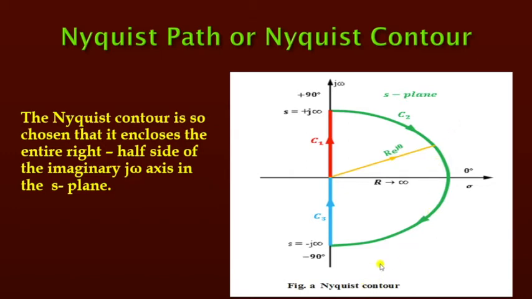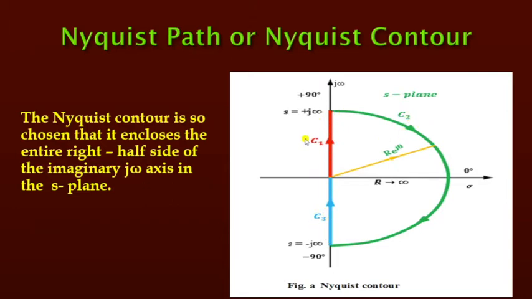This is shown in figure A. The Nyquist contour is so chosen that it encloses the entire right side of the imaginary axis in the S-plane. It is composed of 3 segments C1, C2 and C3.